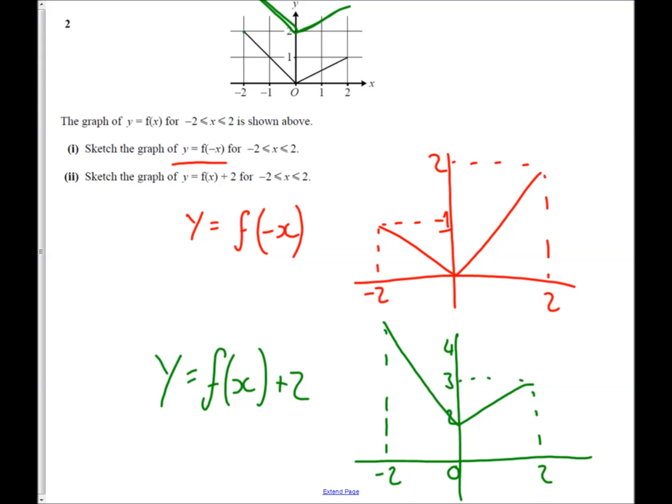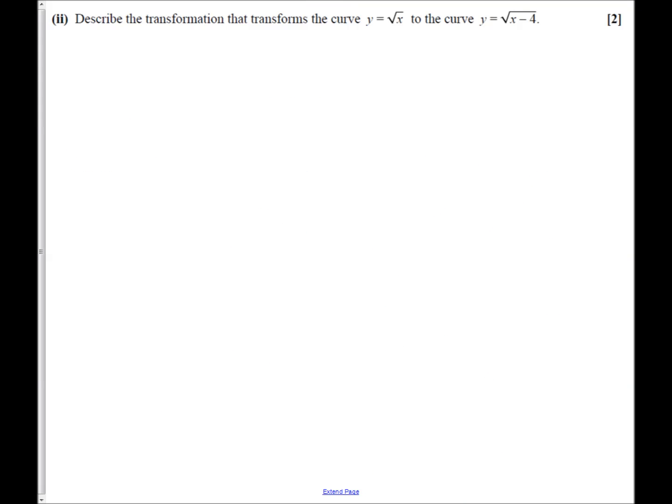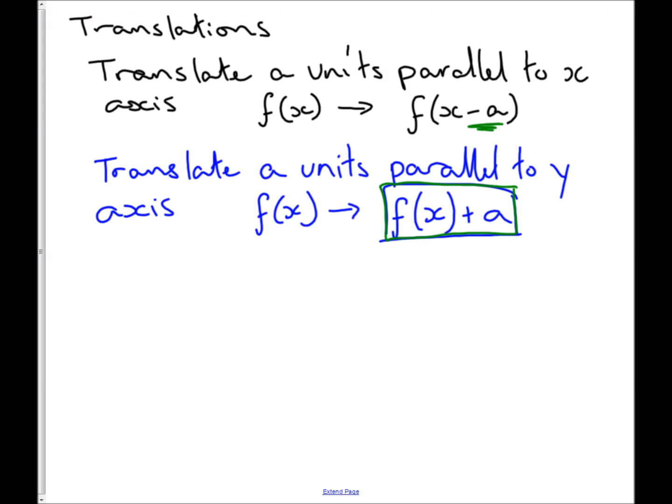Nice and straightforward. Describe the transformation that transforms the curve y equals root x onto the curve y equals root of x minus 4. So we're adding or subtracting, so that's making us think of translations. I come to my translations, and you can see that because I'm taking away my number inside my brackets, we're going to do a translation parallel to the x-axis.